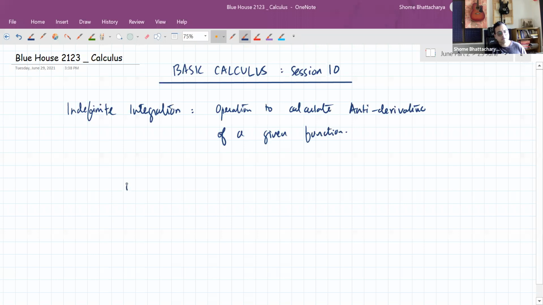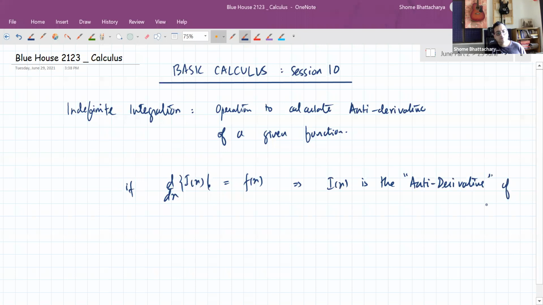So basically, if the derivative of a certain function Fx is fx, then we say that Fx is the antiderivative. That is the opposite of the derivative of fx. Okay. So integration of fx will result in the antiderivative.